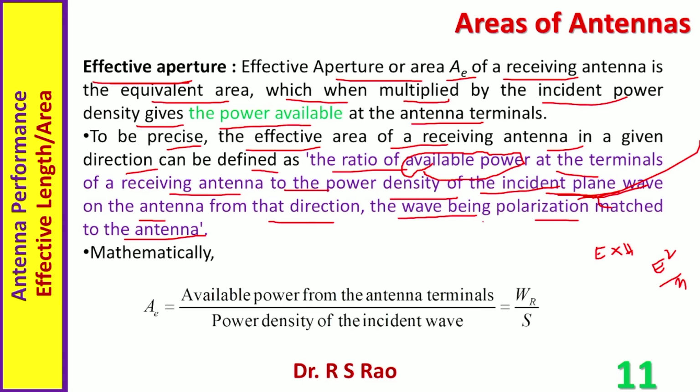In the definition, it is also stated that the incident wave is polarization matched with the receiving antenna. This is also an important aspect. When there is a mismatch between wave and receiving antenna, then the antenna may not be able to receive the incoming wave to its fullest capacity. Mathematically, AE is equal to the available power from the antenna terminals, WR, divided by the power density of the incident wave, S.